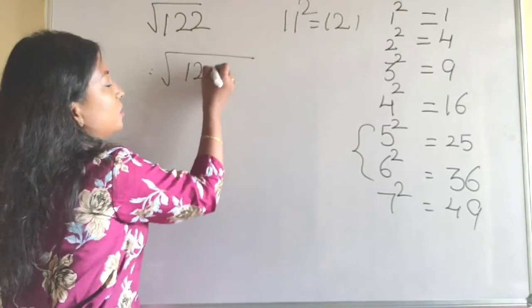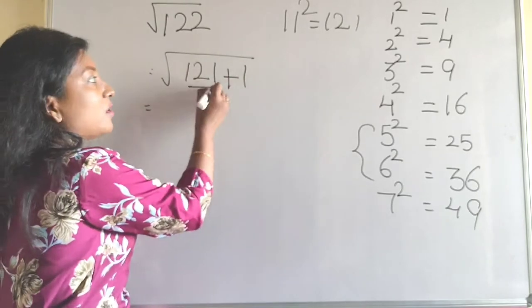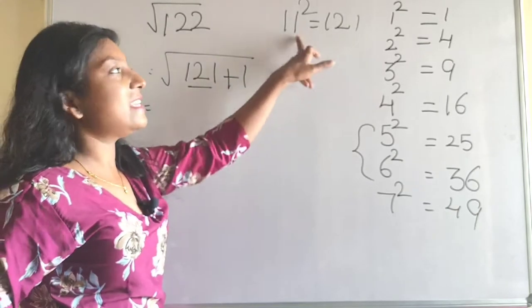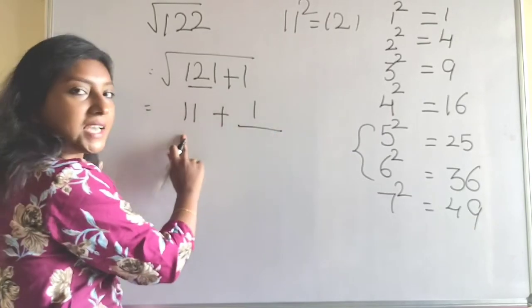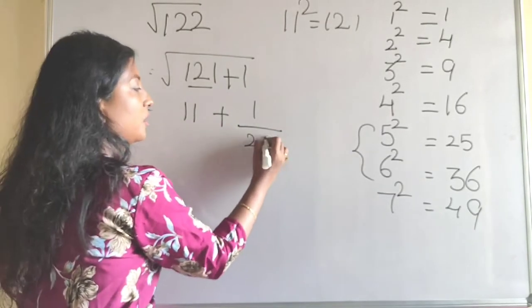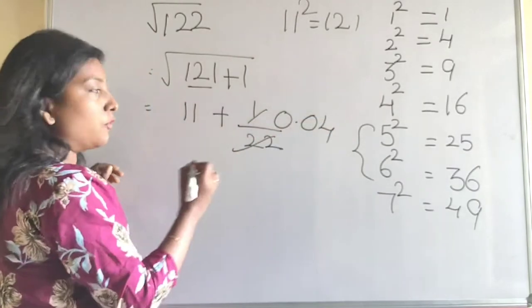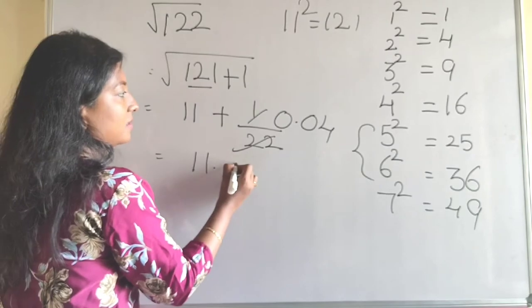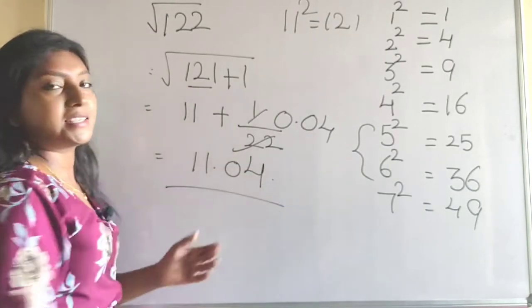So write 121. Still I have to add plus 1 to get 122. That's it. And what is the square root of 121? That is 11. Write 11 plus 1 by, take the double of 11, that is 22, which gives 0.04. Now 11 plus 0.04 gives 11.04. That's it, we got our answer.